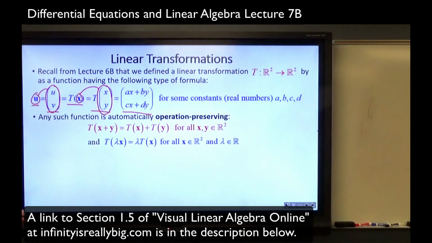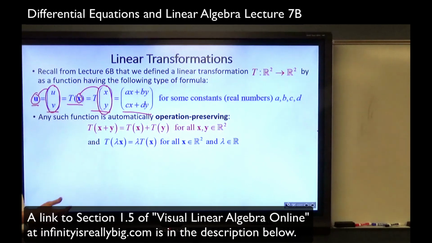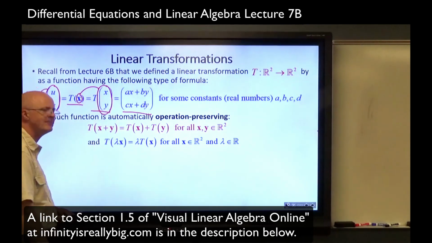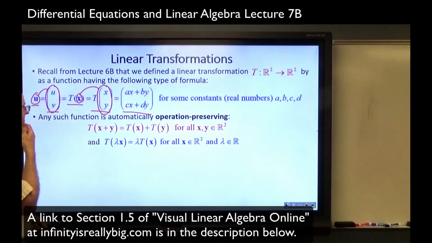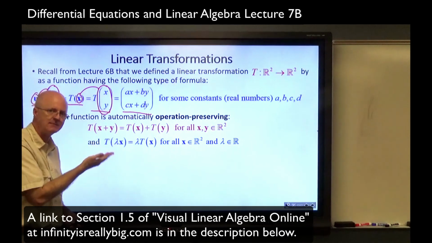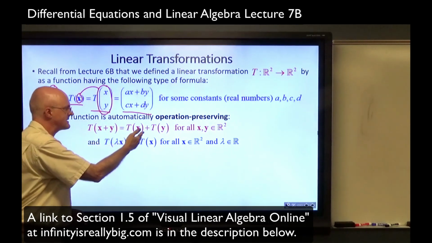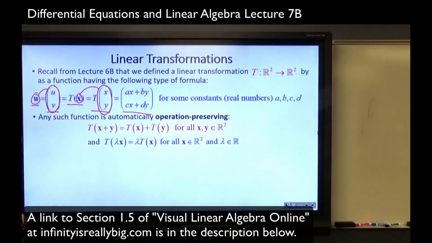And T of lambda times x, where lambda is a scalar, is lambda times T of x. In effect, the T can be distributed, is a way to think about it, but it's not really the distributive property in the usual sense. I'm not multiplying T times these things. T is a function. This is T of x plus y, this is T of x, this is T of y. This is really key, actually. This is more important than you might imagine.